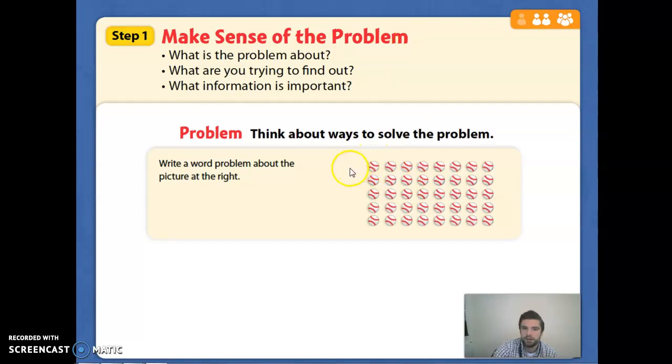So the first thing I want to do is count how many rows and count how many columns. Remember, rows go side to side, and columns go up and down. So let's count the rows first. One row, 2 rows, 3 rows, 4 rows, and 5 rows.